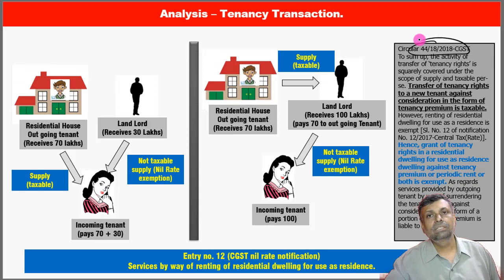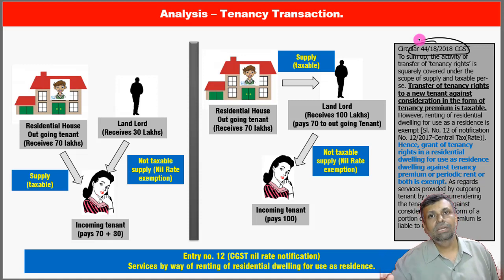Okay. Now, in the tenancy transaction, friends, there can be a sale of tenancy rights. Normally when you sell the property, it is a sale of property agreement. But in the case of tenancy, it will not be the sale of property because you are never the owner of the property. The owner of the property is the landlord. So there will be a tenancy transaction and there will be a transfer of money because of the transfer of rights, which are called tenancy rights.